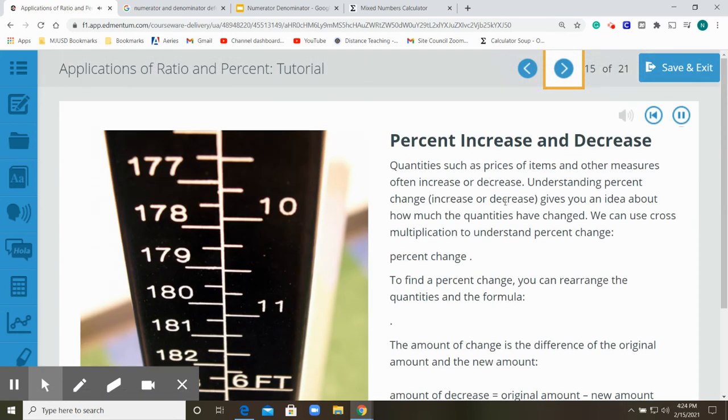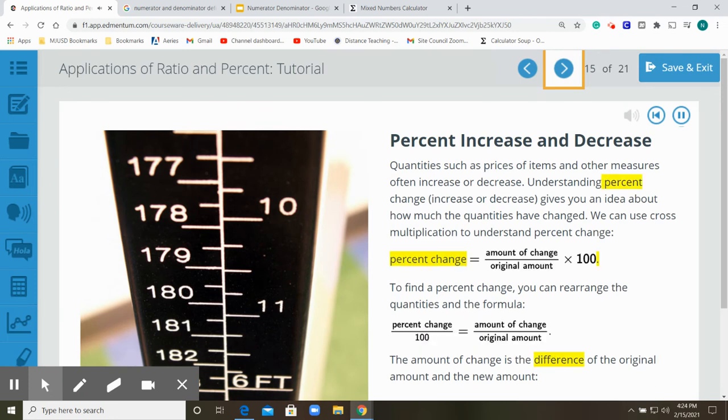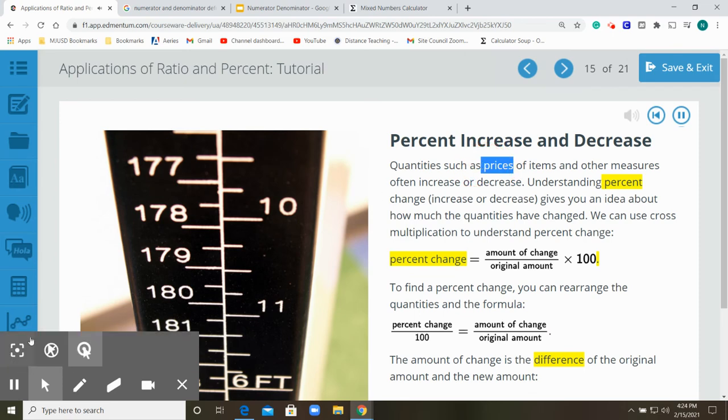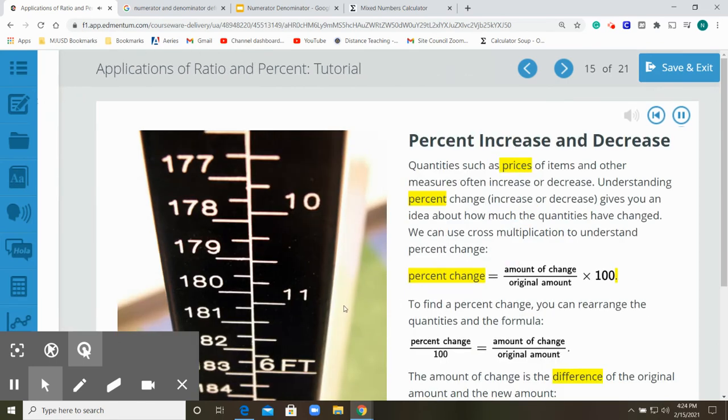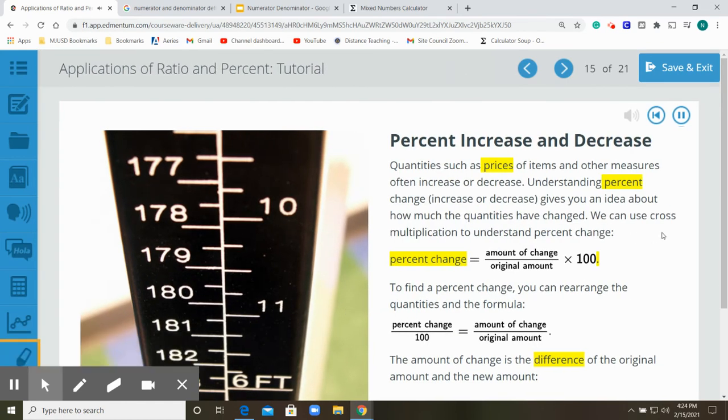Percent increase and decrease. Quantities, such as prices of items and other measures, often increase or decrease. Understanding percent change, increase or decrease, gives you an idea about how much the quantities have changed. We can use cross multiplication to understand percent change. Percent change equals amount of change over original amount times 100.